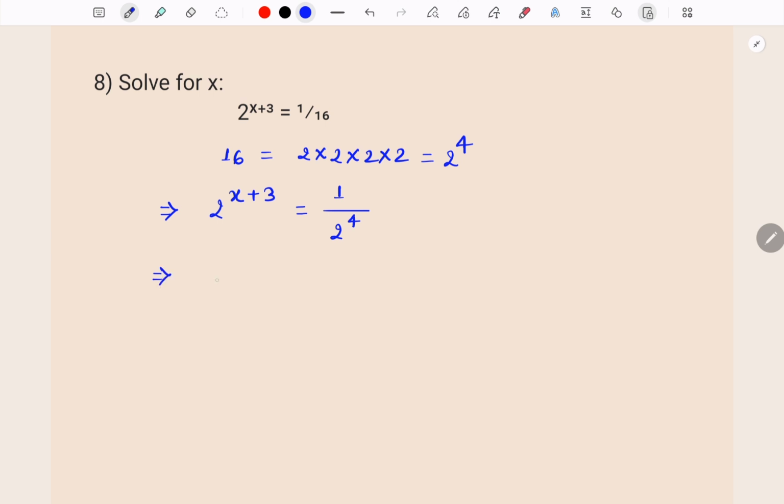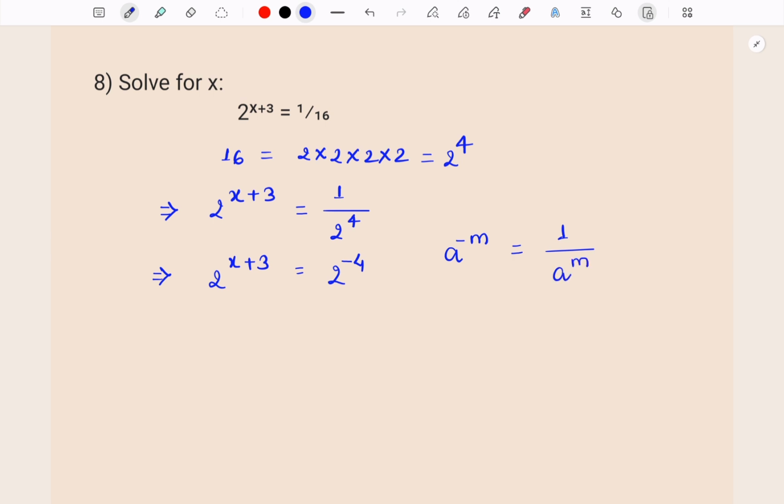Now again, we know that if we want to move this 2 raised to the power in the numerator, I need to change the sign of the index. Why? Because the law of negative indices says that if we have a raised to the power of negative m, then we can write it as 1 over a raised to the power of m.